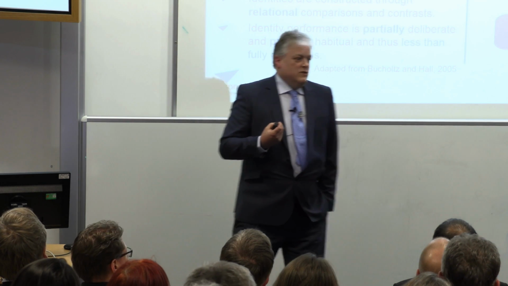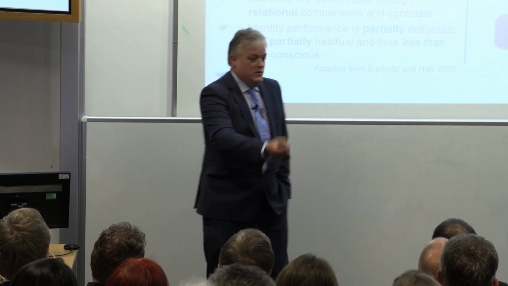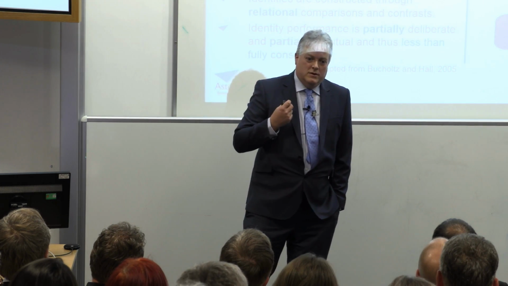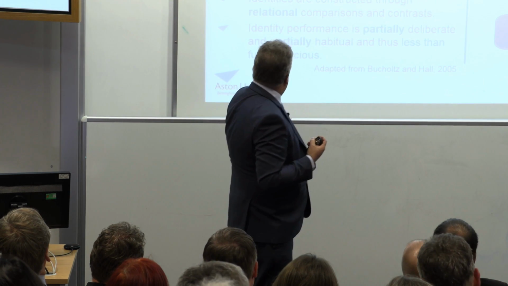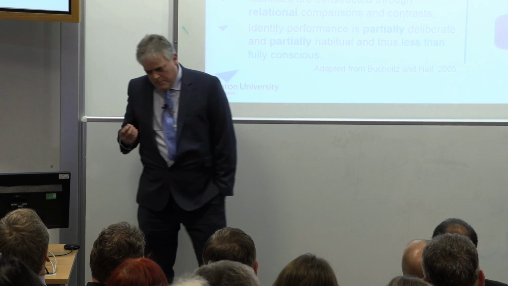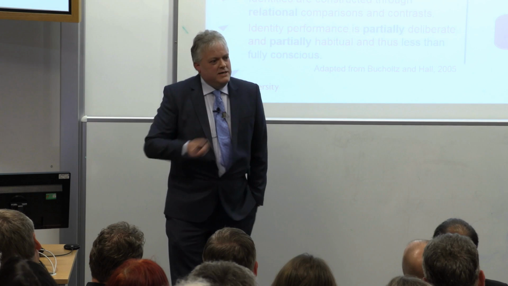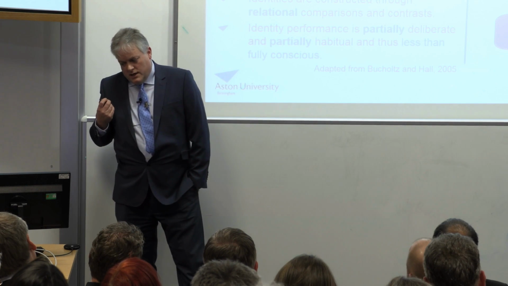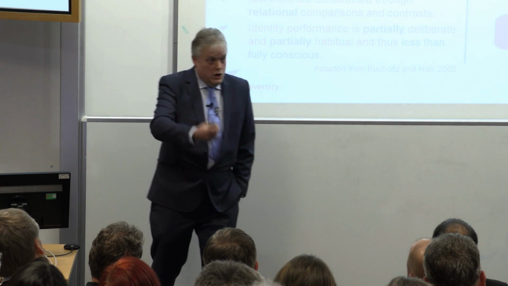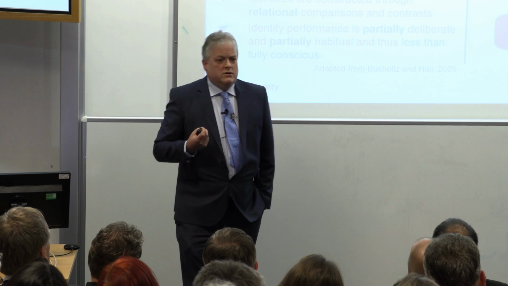Often identities are created relationally. That means similarity and difference. I'm different from you, but similar to you, and so on. But there are other relations we can discuss as well. And finally, Buchholz and Hall say that identities can be partial, and it's quite hard to pin down what they mean by this. What I take them to mean is that identity work in interaction is not always fully conscious.